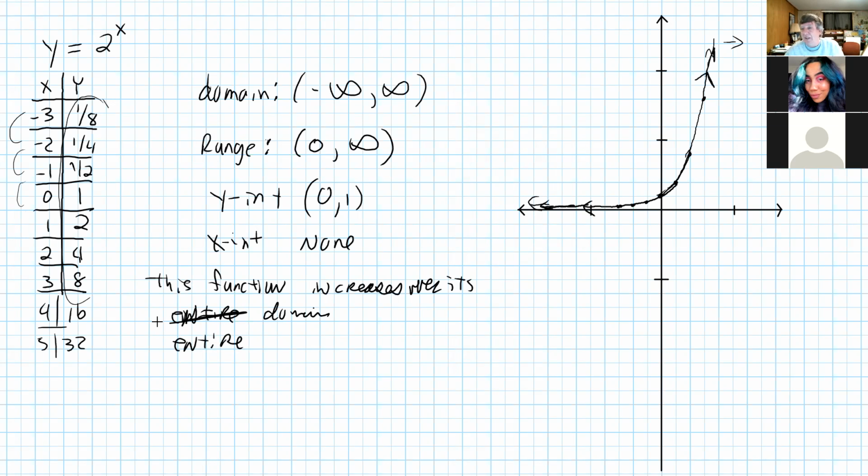That's why I'm not teaching spelling vocabulary. So going from left to right, as x increases, y increases. We say it increases over its entire domain.